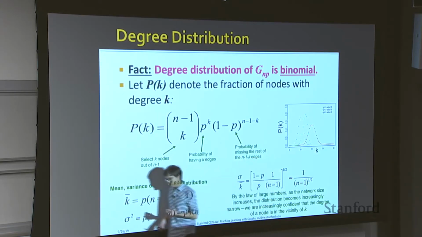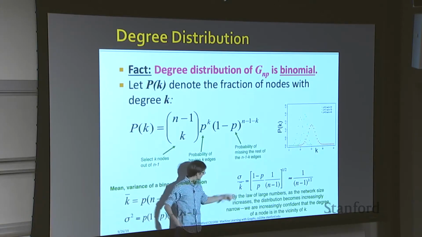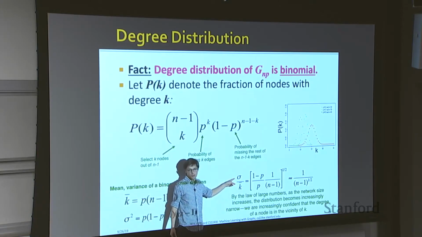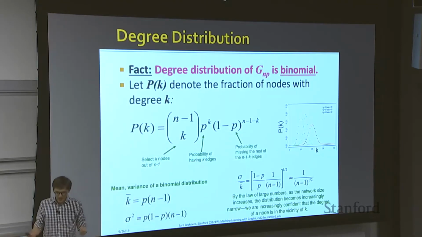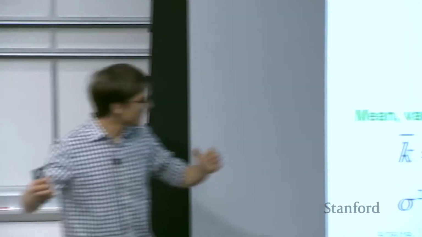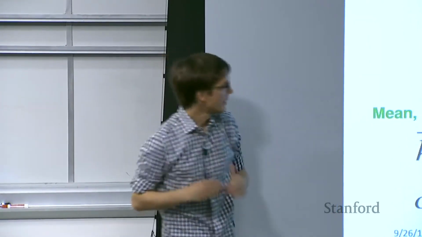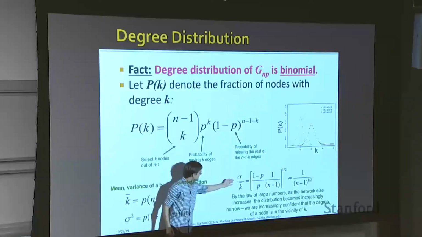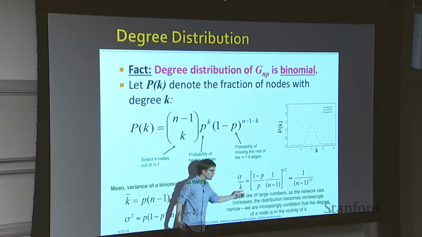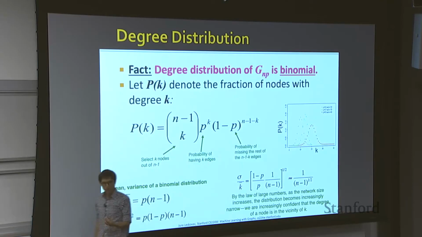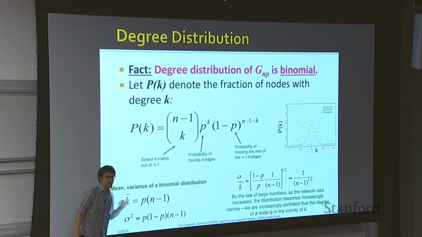So what does this mean? This means as the size of the graph increases, this ratio will go to 0. So as the size of the graph gets bigger and bigger, the distribution will narrow. Essentially, if you think of the graph size as infinite, you can think of it that all the nodes have the same degree, the average degree, which is k bar, which is p times n minus 1.